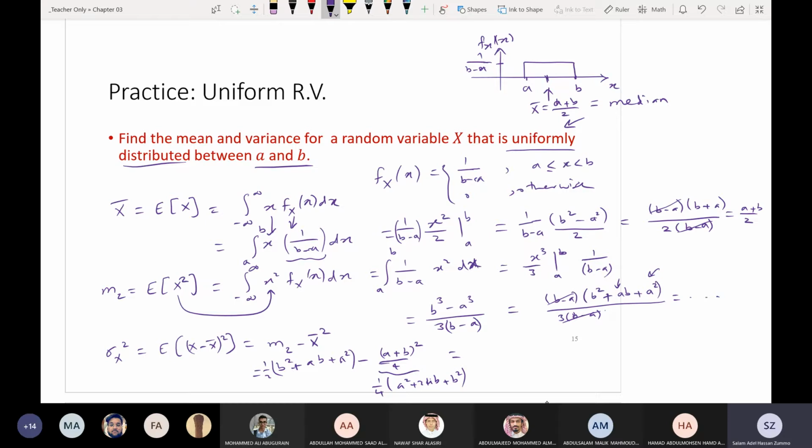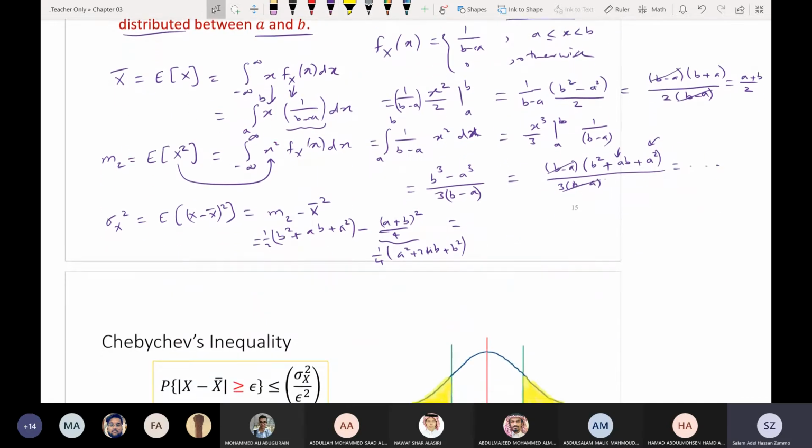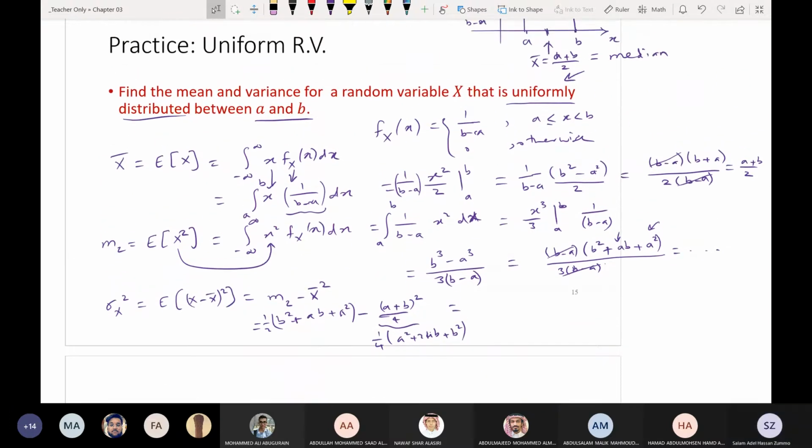You will end up with, I'm not sure about the final result, but I think it will be b minus a squared divided by 12 or something like this. Okay, so the rest is algebra. Any questions, guys? Any question?